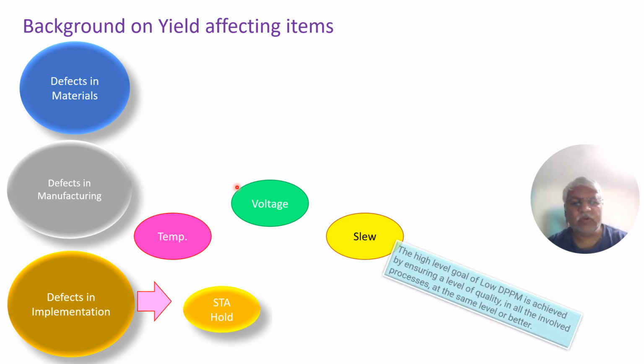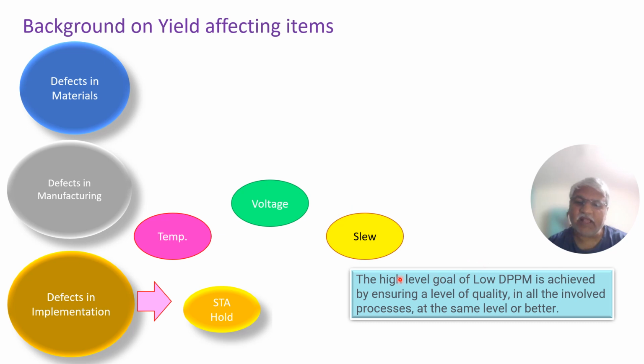Coming to the high level goal, to reach a low DPPM for this system, we need to understand that one of the stages in the entire system is STA hold.